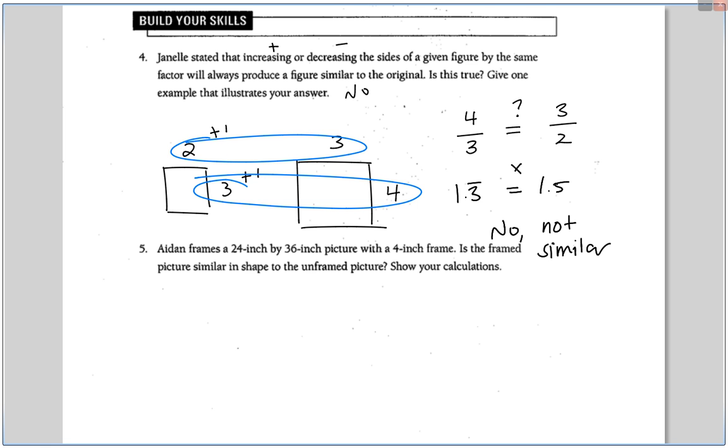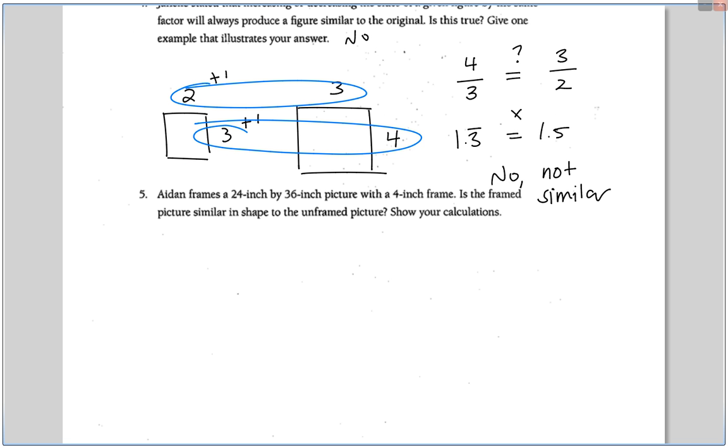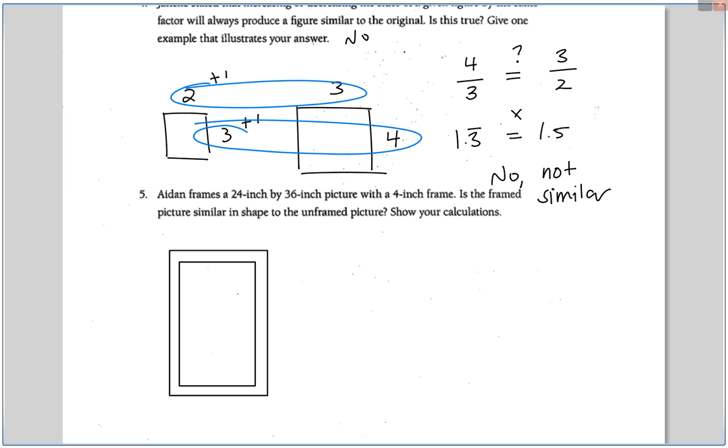Okay, the next one, Aiden frames a 24-inch by 36-inch picture with a 4-inch frame. Is the framed picture similar in shape to the unframed picture? Show your calculations. Okay, so we need to get a rectangle down on the page. And then draw another rectangle around it, like the picture frame.